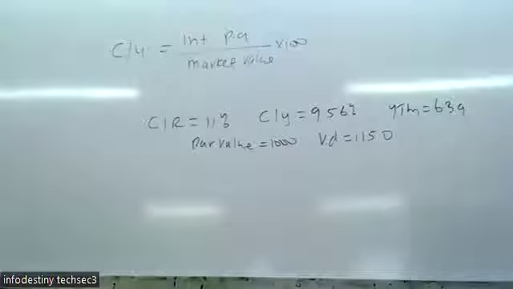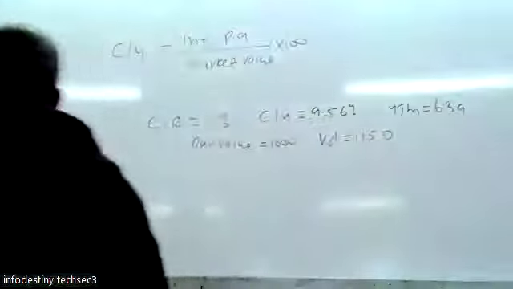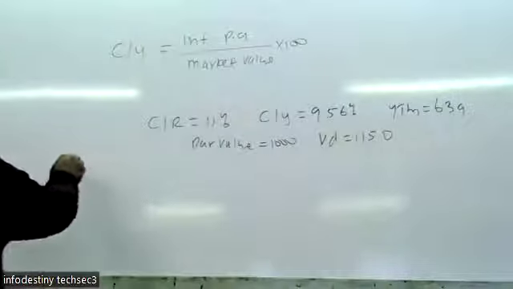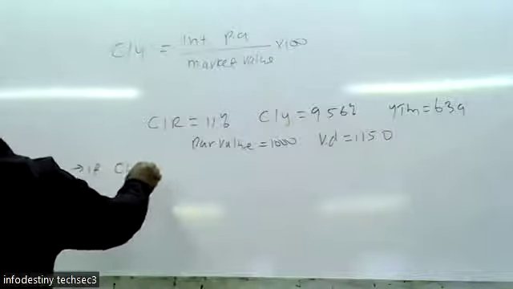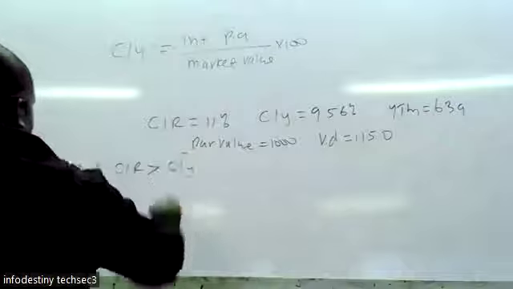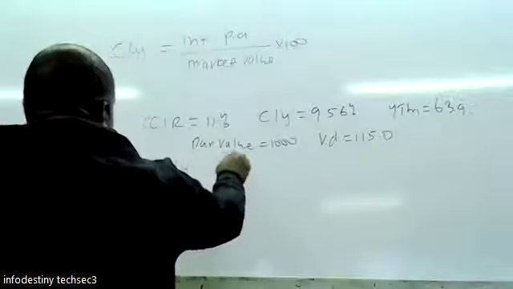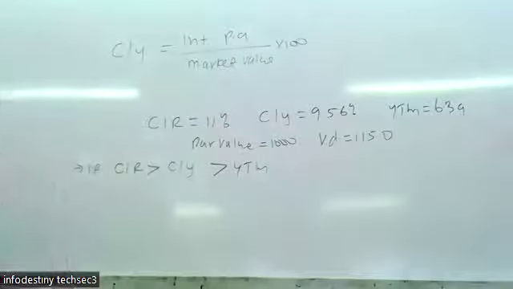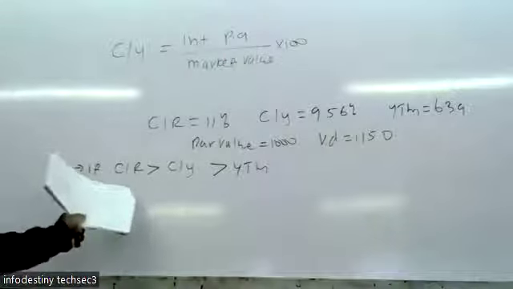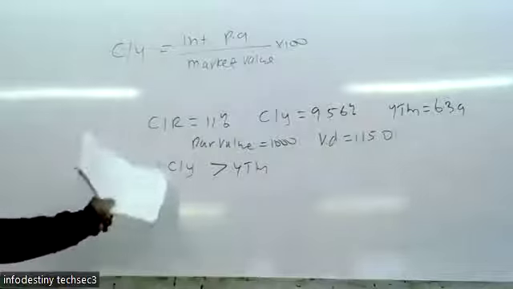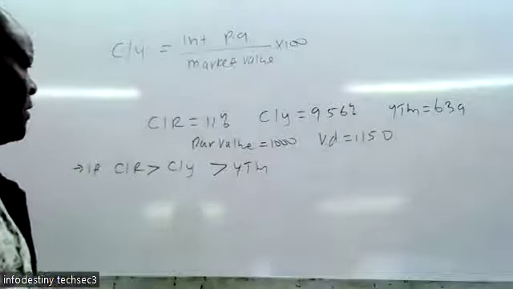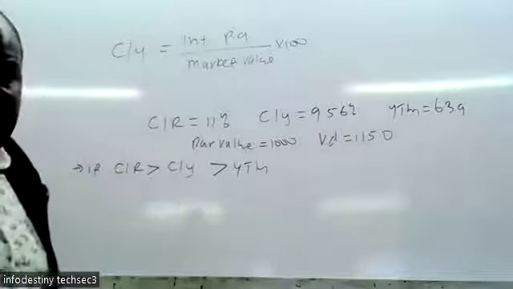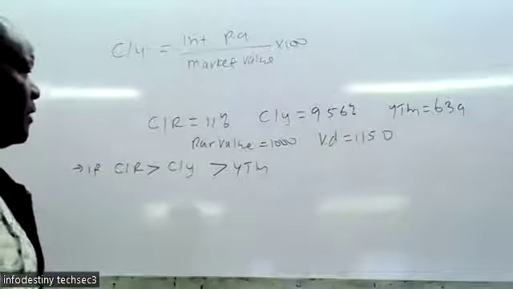So at the moment, the first dash, we say that if the coupon rate is greater than the current yield, which is also greater than the yield to maturity, then the bond will sell at a premium.